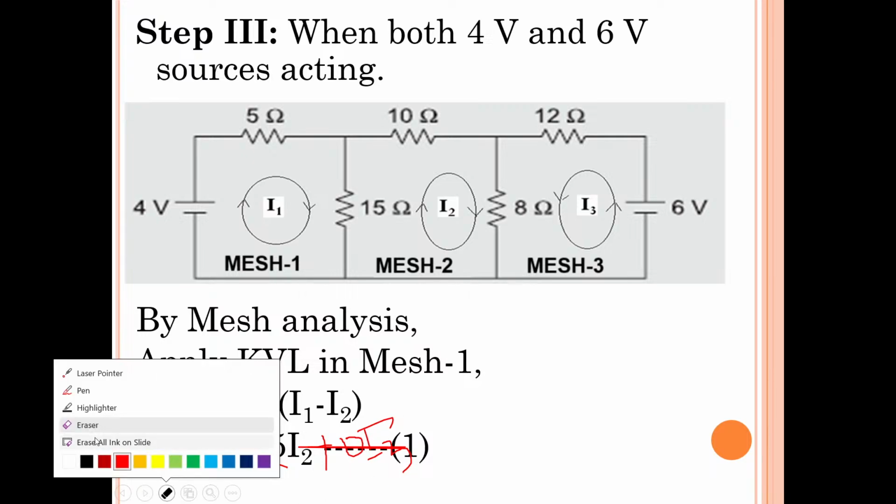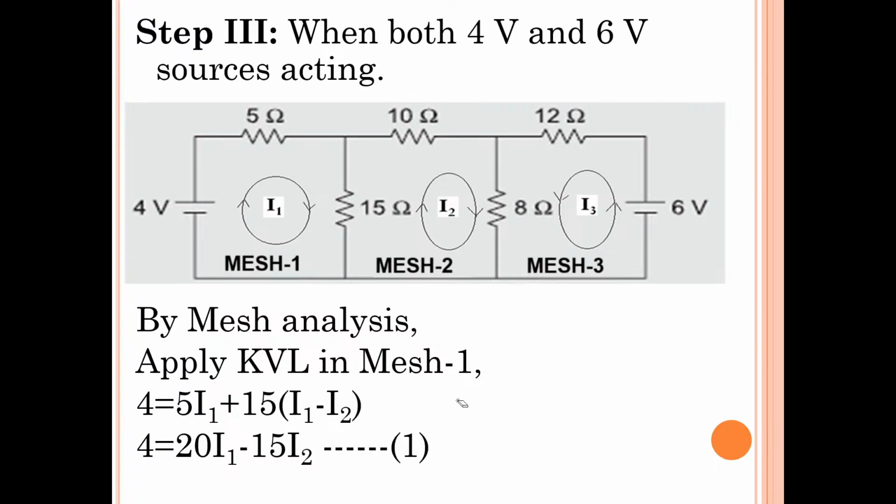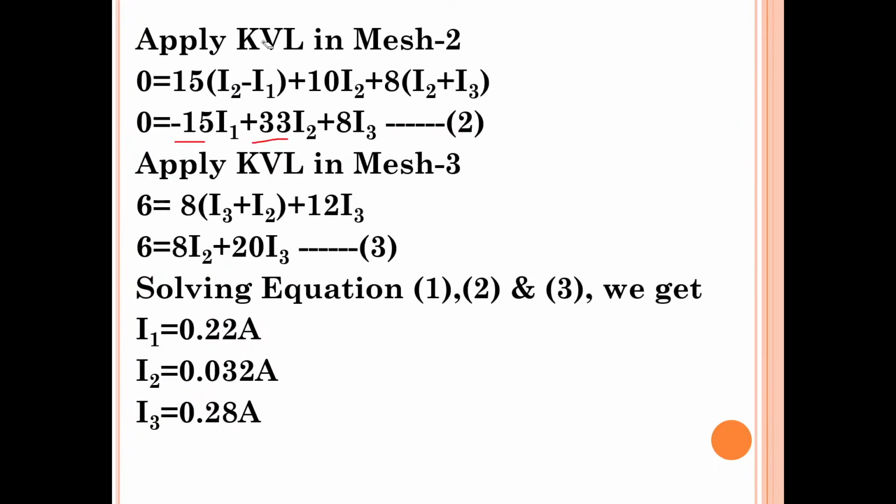Similarly, press minus 15, equal to, 33, equal to, then press 8, equal to, and then 0. For the last equation 3, type 0, because I1 is not there in equation 3.